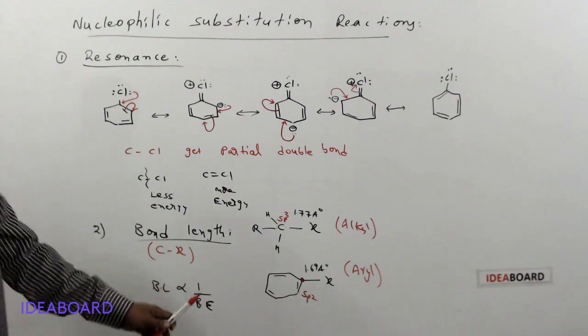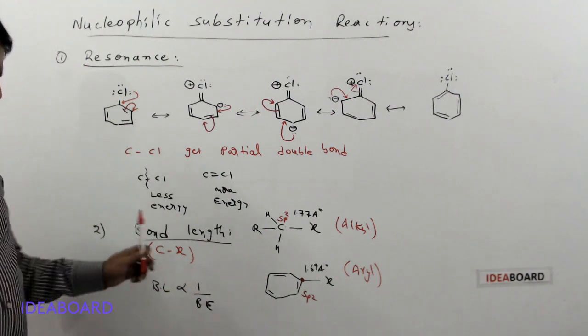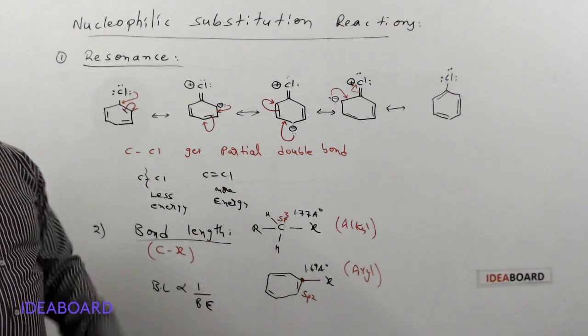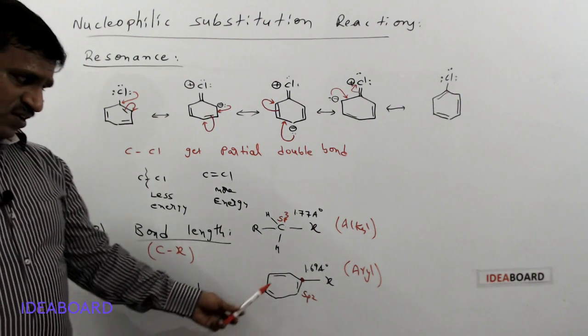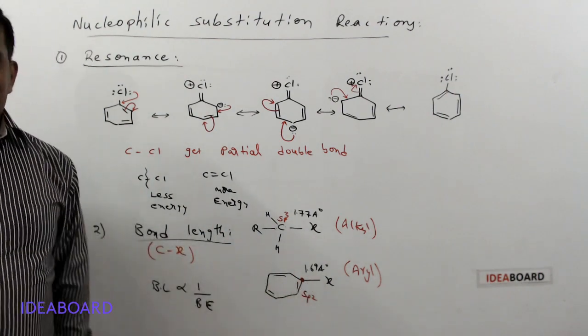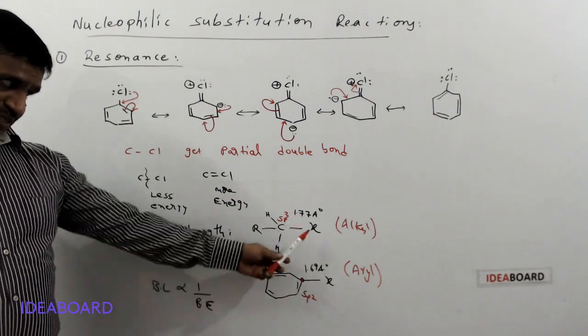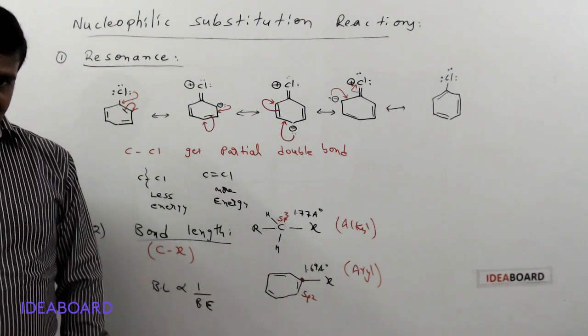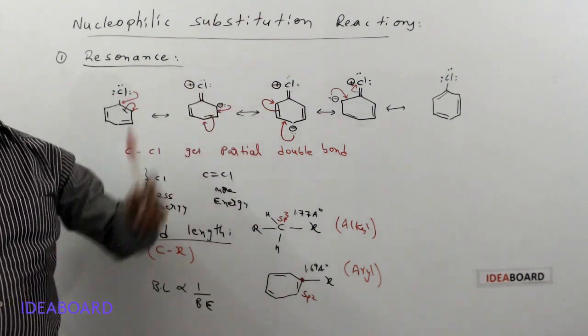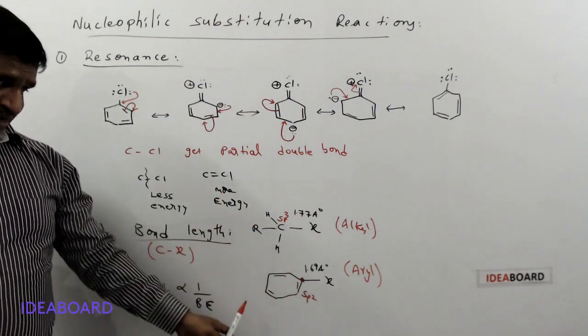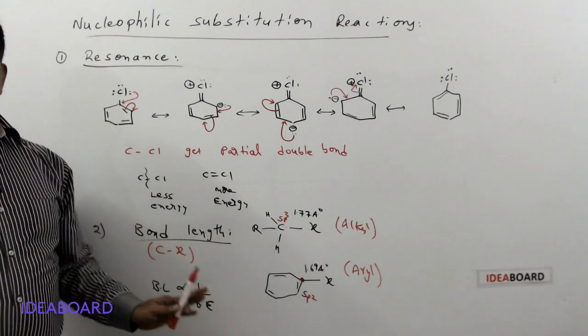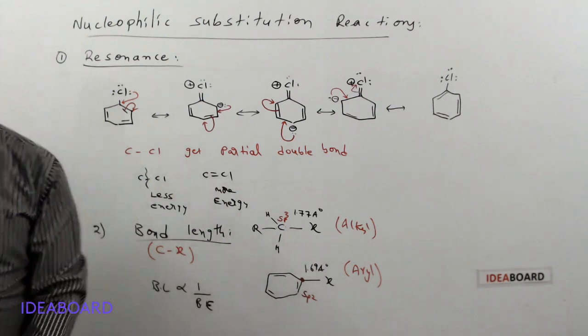Because of this difference in bond lengths, the C-X bond in aryl halides does not dissociate easily, whereas in alkyl halides C-X bond dissociation occurs easily and they undergo nucleophilic substitution easily. But aryl halides do not undergo nucleophilic substitution easily.